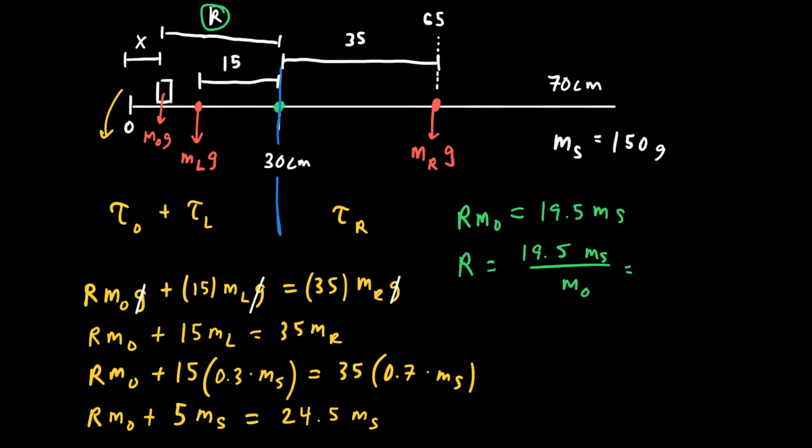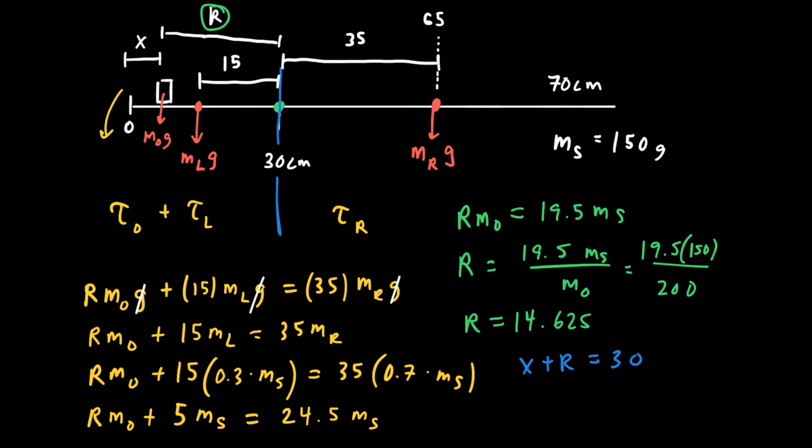And so if the mass of the meter stick is 150 grams and the mass of the object is 200 grams, what do we get? 19.5 times 150 divided by 200. That gives us R equals 14.625. And so if I want to find x, remember that x plus R equals 30.